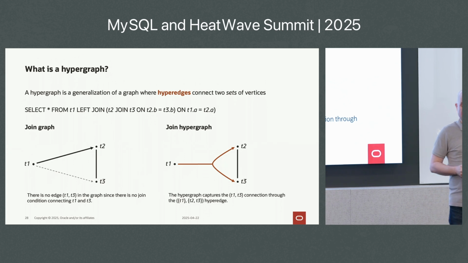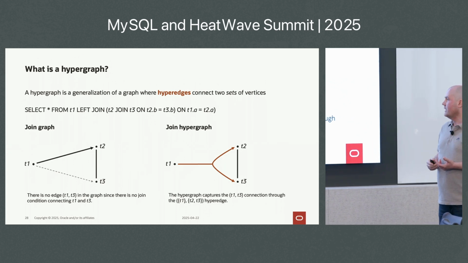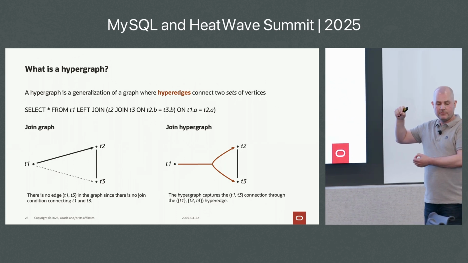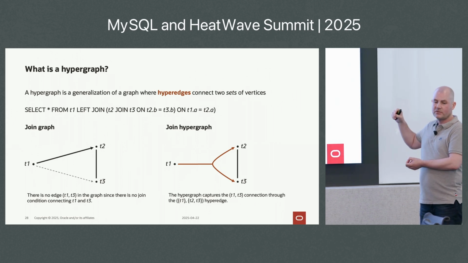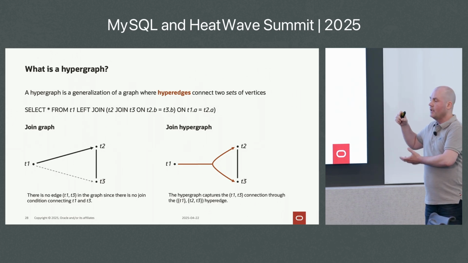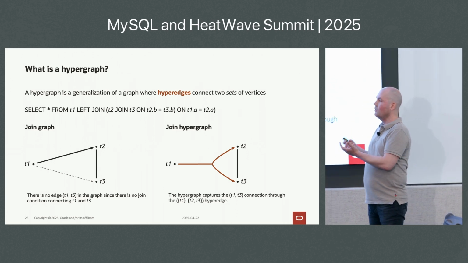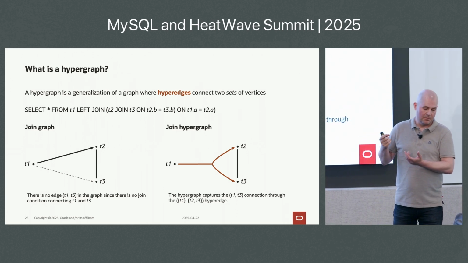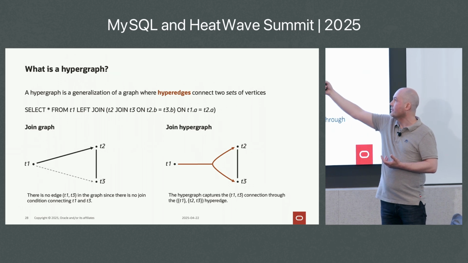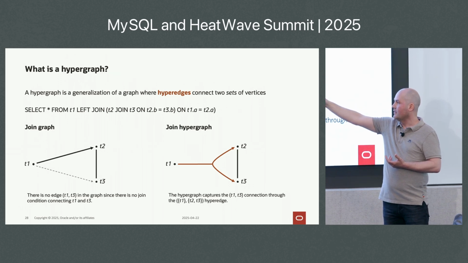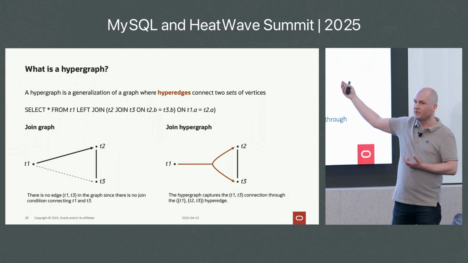So based on this, you could say that, okay, we choose a pair of tables that are connected by a join, and then we try to join them together. That could lead to trying to join T1 with T2. But this is a left outer join. So basically, we need to know the join result of T2, T3 before we join in with T1.